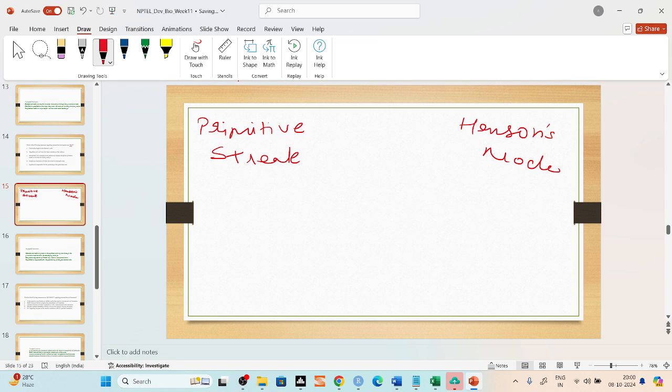Both the structures are formed in an embryo during the gastrulation process. First thing is that both primitive streak and Hensen's node are formed during the gastrulation process.